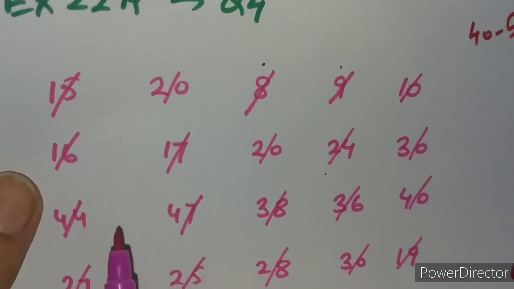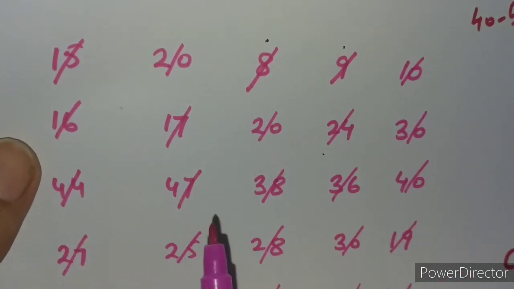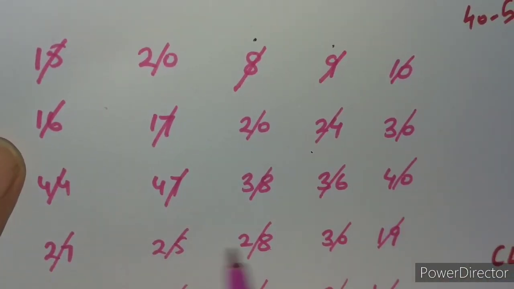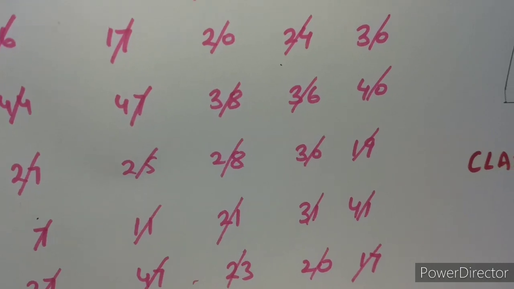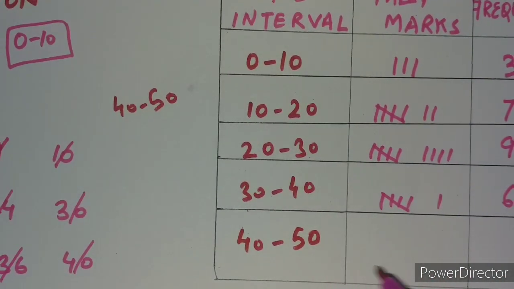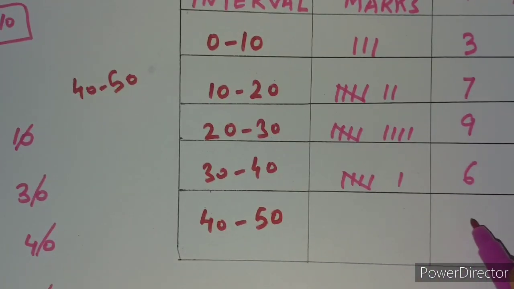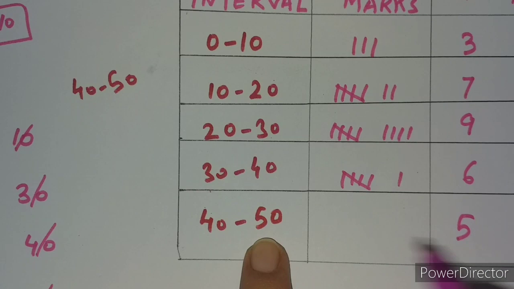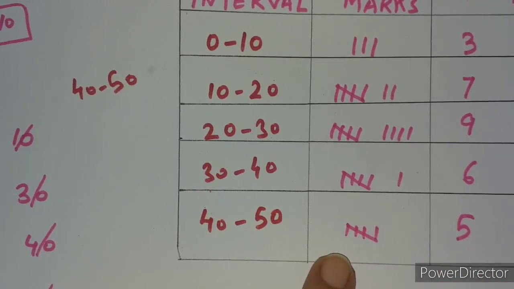This is the most important step and an easy trick also, so that you don't miss anything. Keep on checking whether you have not cut anything, so you should count that again. So we see that we have counted everything from 40 to 50. We get 5. Frequency is 5 numbers, and there was no 50 anywhere. So for 5 I am going to write the tally marks like this.